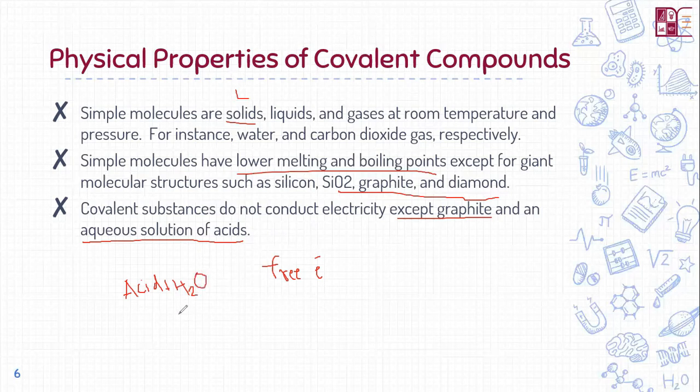Why? Because the ions are going to dissociate, and when the ions are there, they can carry charges. The free moving ions can carry charges, and that is why they will be able to conduct electricity. So this is an exception over here.